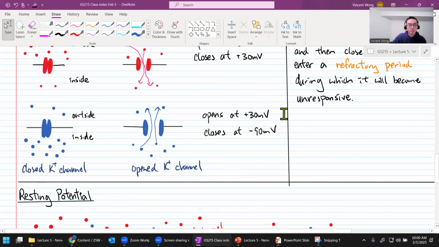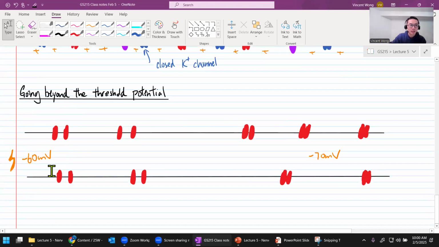They don't open until +30, right? We are nowhere near +30. We're still in the negative zone, so they are going to be closed. So that's what we're going to draw. Again, I'm leaving the sodium potassium pump out. They are still there, but they're not going to be having any significant action on what we are talking about.